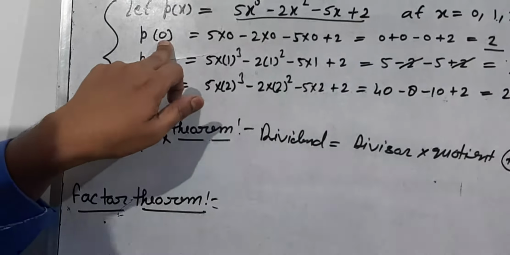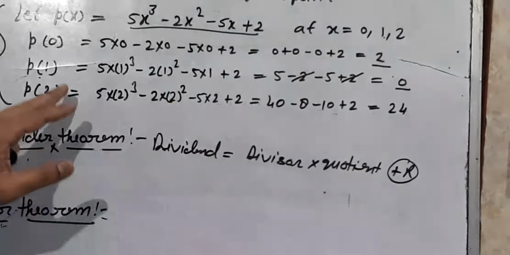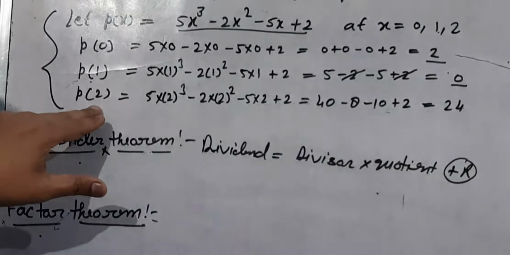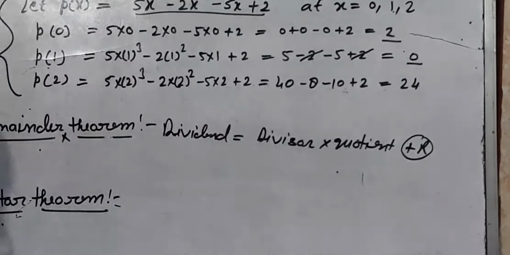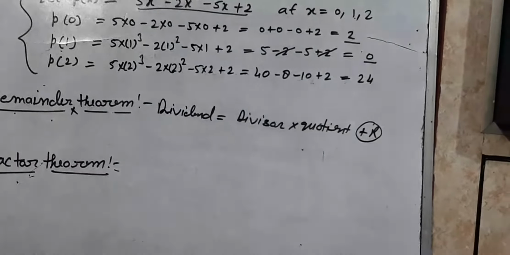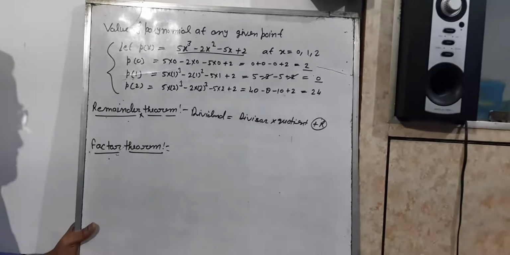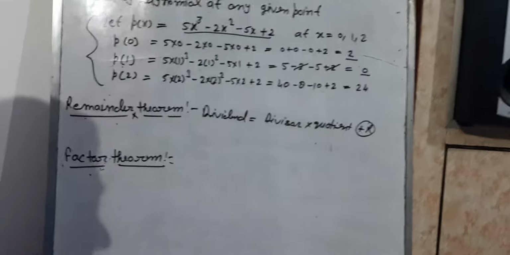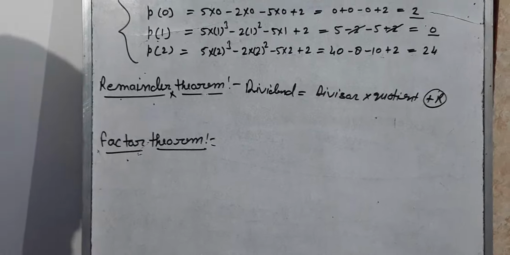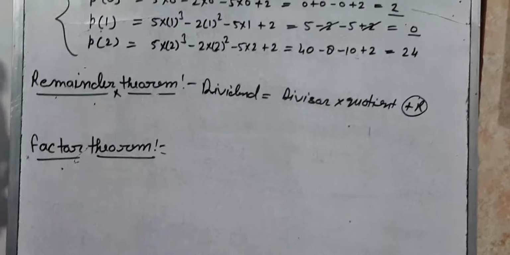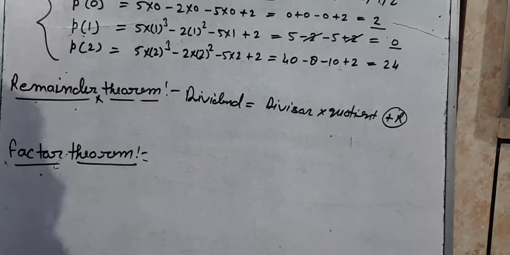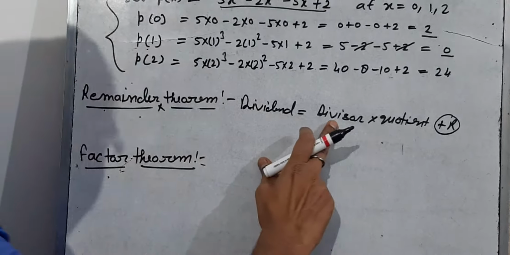We put x equal to 0, it gives 2. We put x equal to 1, it gives 0. We put x equal to 2, it gives 24. Now, in earlier classes, in class 8th and class 7th, you studied that in the division algorithm, if we divide any number by any other number and a remainder is left, then we say the divisor is not a factor of the dividend.